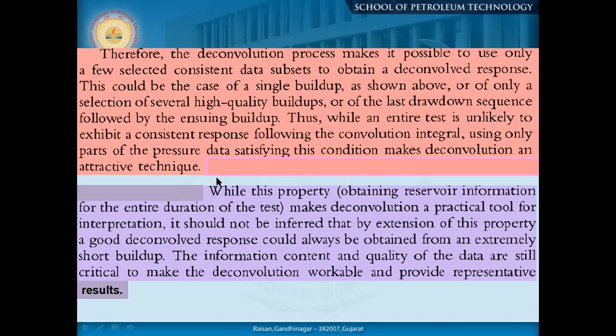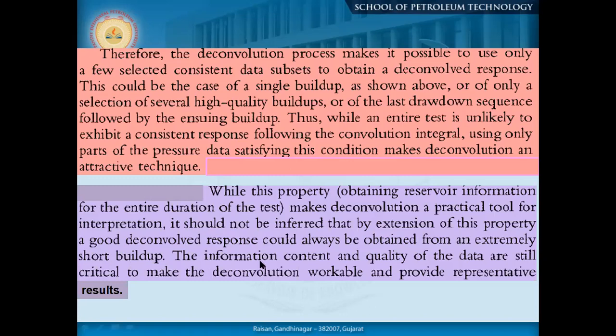So this is what the problem is. If you just do a short interval test, that cannot give you the entire duration of the test, or information from your wellbore to extended directions. So you may have to get a reasonable response so that you could extrapolate the information for understanding beyond the test time also.